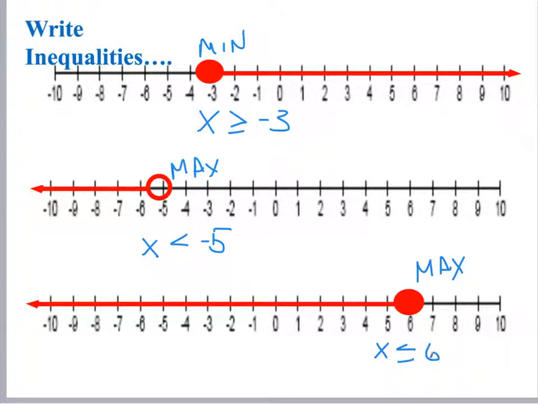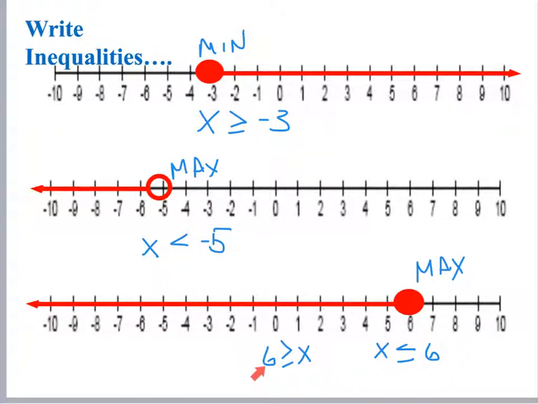I'm going to write this last one a different way. I could say that 6 is greater than or equal to all my solutions. If you notice, this inequality is the exact opposite of that one. I've just flipped things around.